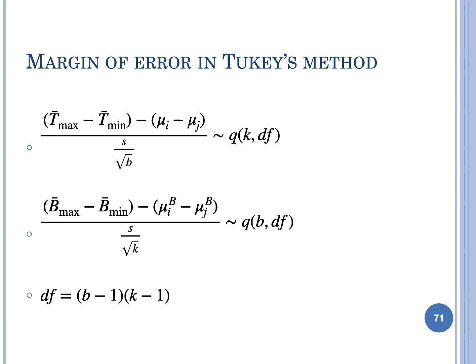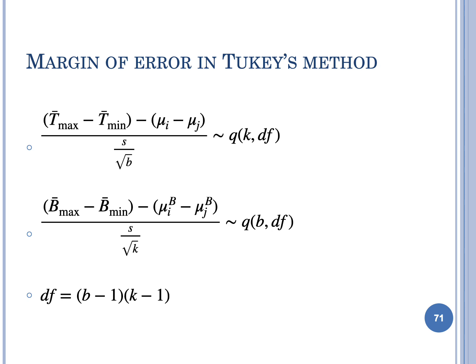Similarly, we have the same procedure for deriving the distribution for the range of block means. The range of the block means is B bar maximum minus B bar minimum, and we standardize it using the idea of Tukey's method.